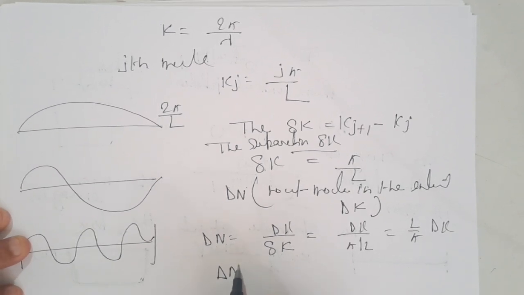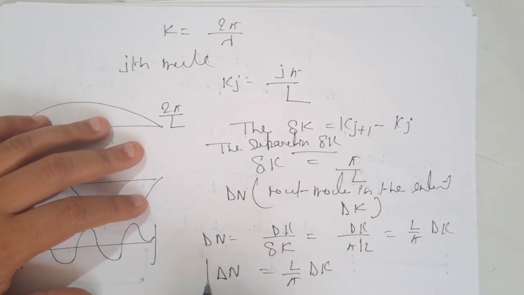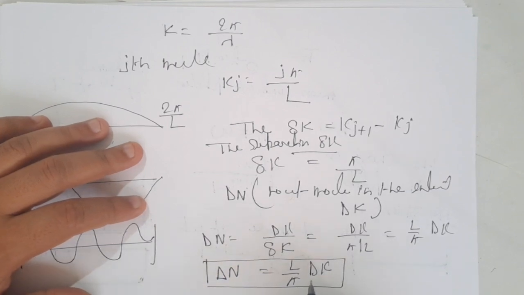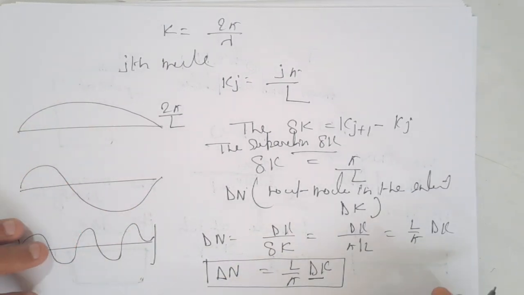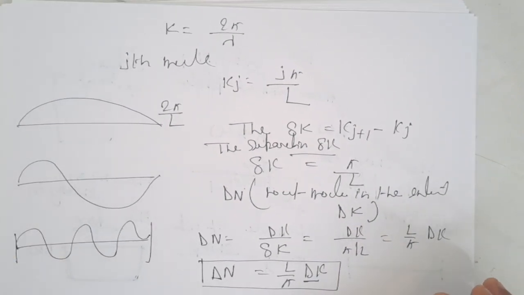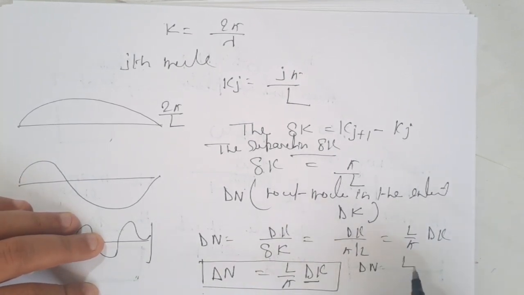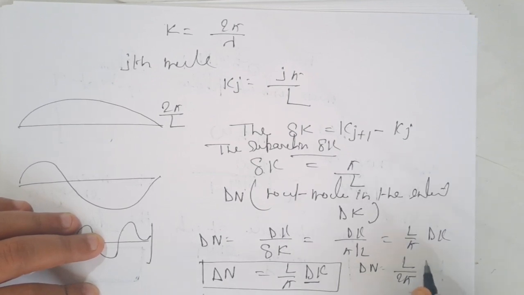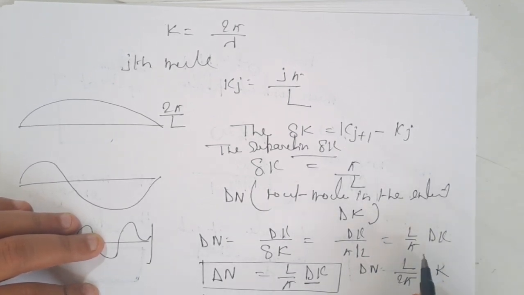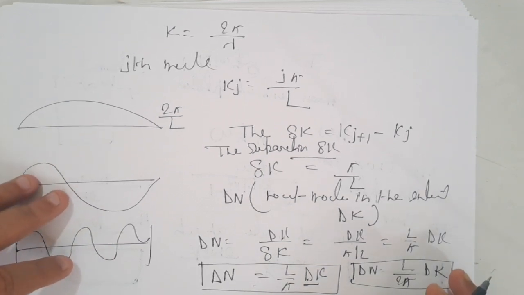Delta n, the number of modes in the interval delta k, is equal to L by pi delta k. Or we can write delta n is equal to L by 2 pi delta k, since there are half as many modes, so it is half of this one.